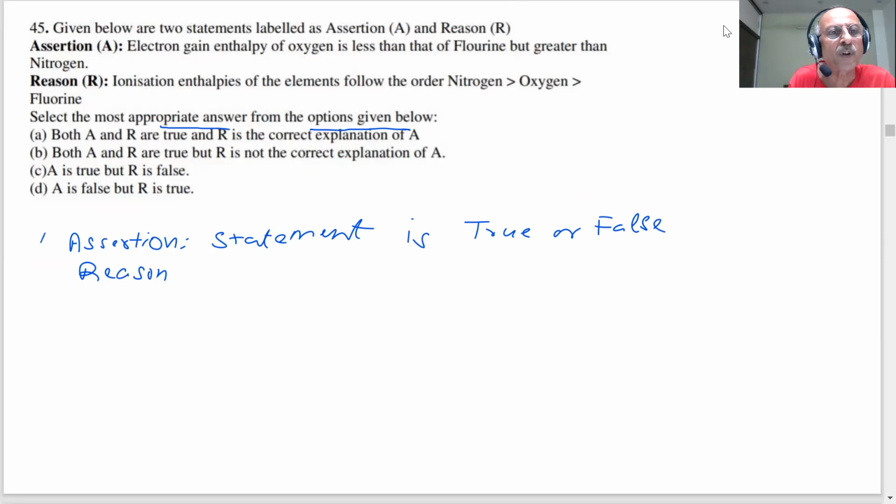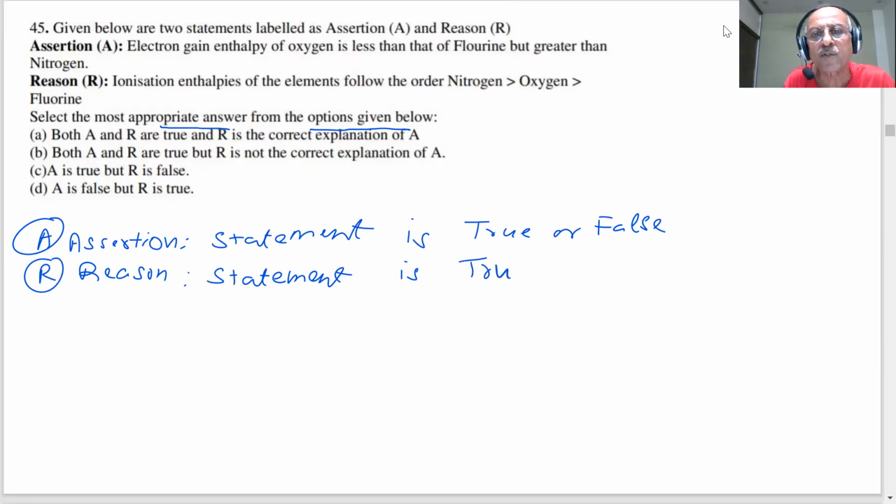This is my A, student, and reason is R. Then you again study the statement of the reason and study whether it is true or false, student. These are the first 2 things you will do. If this is true, then third thing you study whether this is the correct explanation.